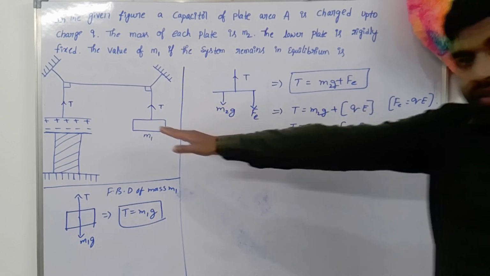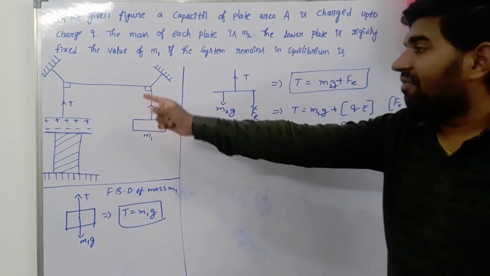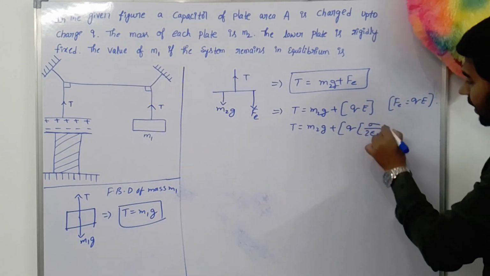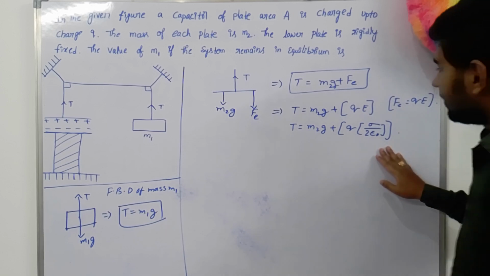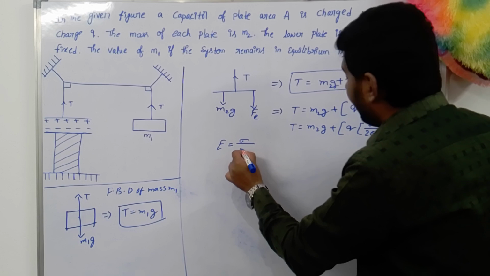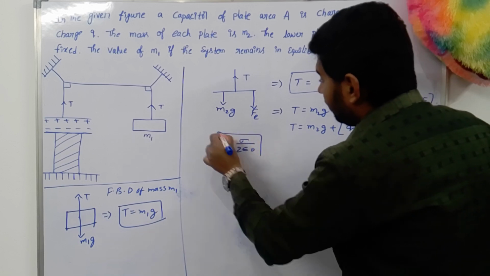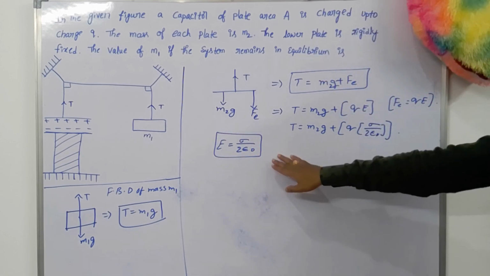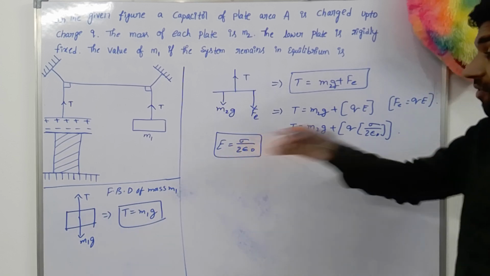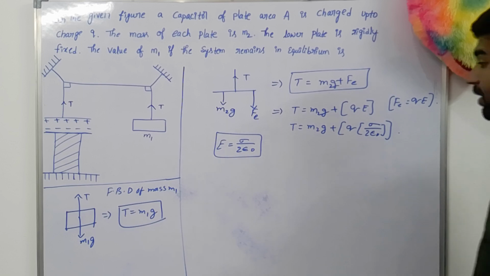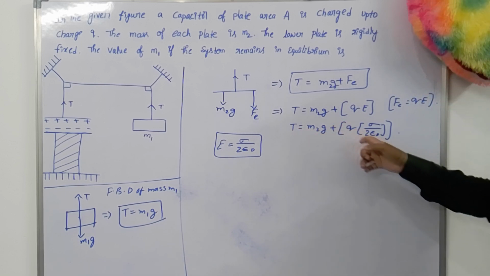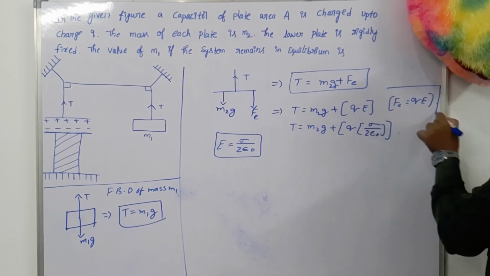In the parallel plate capacitor concept, the electric field of each plate is equal to sigma by 2 epsilon naught. This is the formula for the parallel plate capacitor. This is the electric field for each plate, not the total plates. From this, I can get T is equal to M2g plus Q into sigma by 2 epsilon naught.